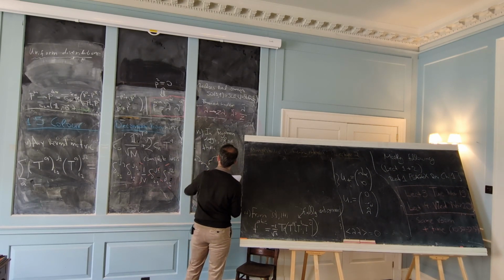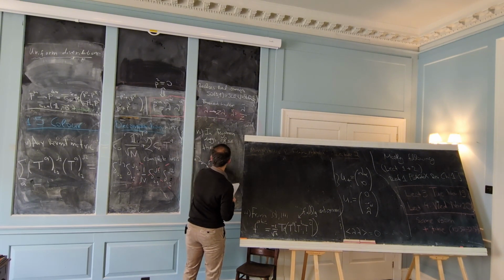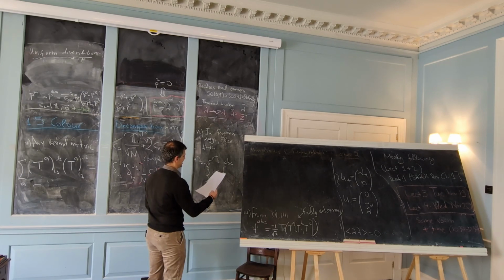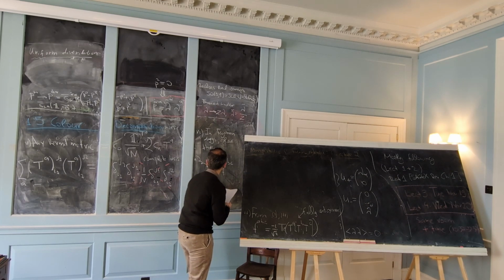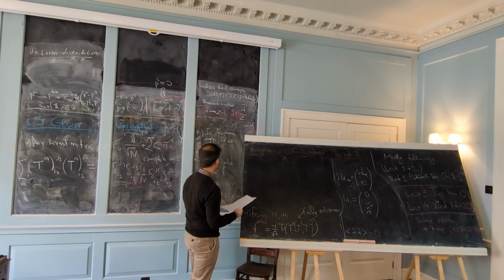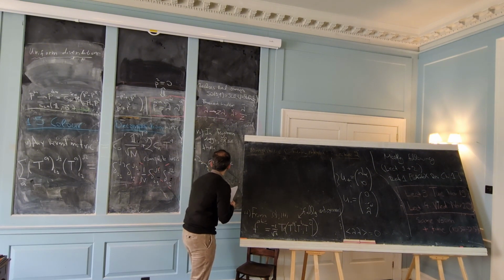So we have A, B, C, and this is proportional to f^{ABC}. And similarly, I didn't write this last time, the 4-point vertex, A, B, C, D. So these are really just the non-linear terms in the gauge field Lagrangian.